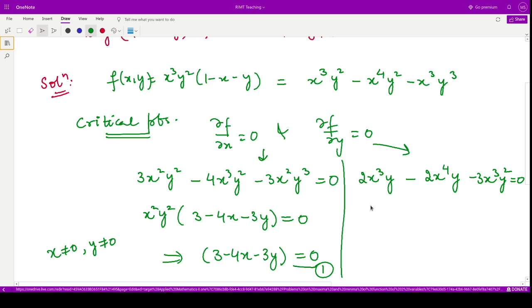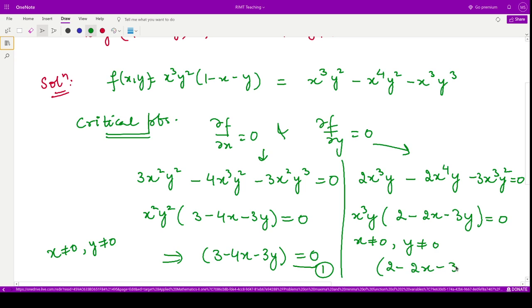Now from every term you can take out x cube y common. So you'll be left with 2 minus 2x minus 3y equal to 0. This is the other equation. Because x is not equal to 0 and y is not equal to 0, you have 2 minus 2x minus 3y equal to 0. This is your equation number 2.